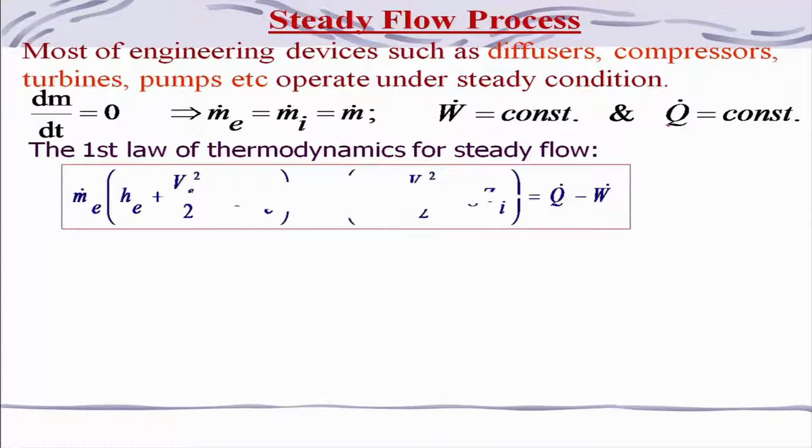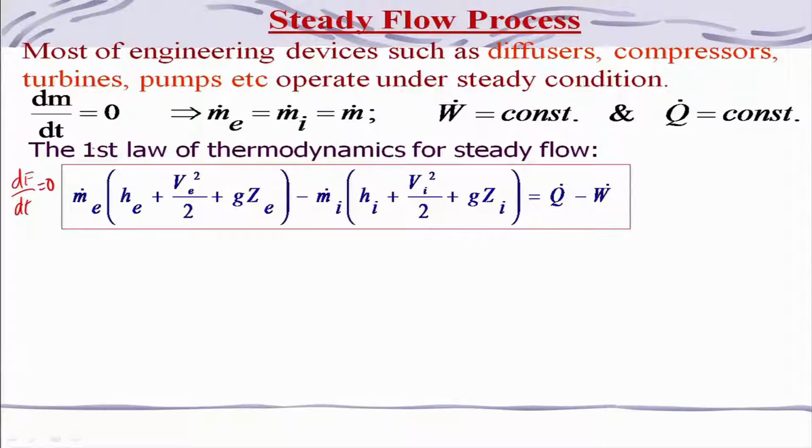Let us write the first law of thermodynamics for a steady flow process. What will it be? M dot times E, the total energy at the exit, minus the total energy at the inlet, is equal to Q dot minus W dot, because in this case dE by dt is equal to 0.